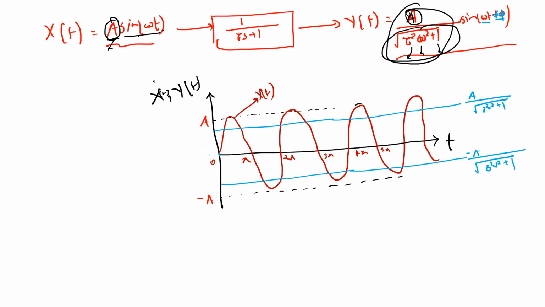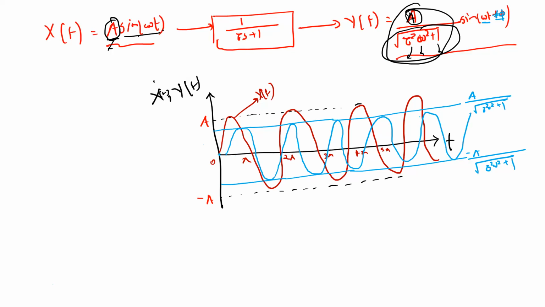It is going to start somewhere later on. So this will be your output. This will go here, again come here, because this is the maximum amplitude, and your output will look like this.